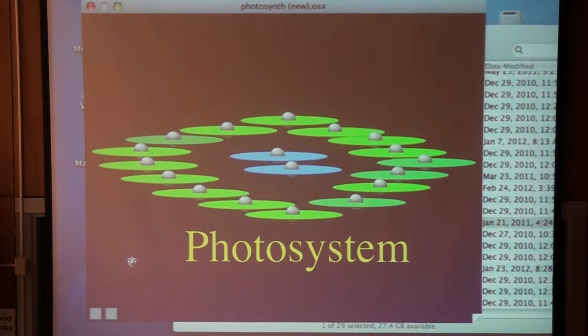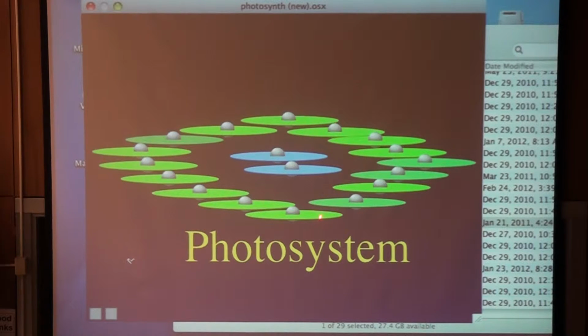Now, in actual thylakoid membranes, chlorophyll molecules are found in clusters. They group together into these clusters, which are called photosystems. And so here on the computer screen, you see a typical photosystem, a whole bunch of chlorophyll molecules. And if you look closely, I use different colors for some of them.